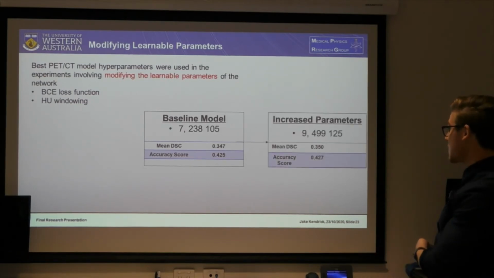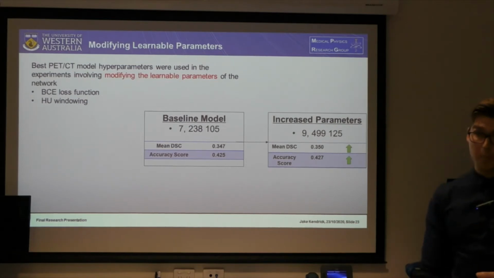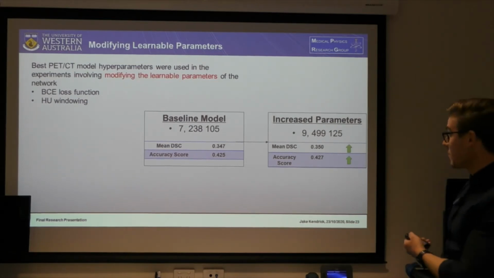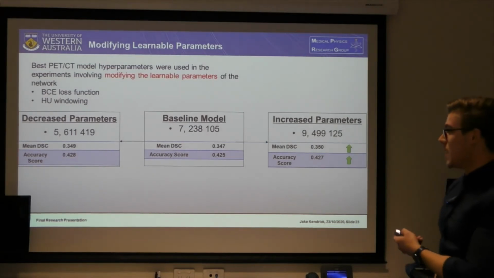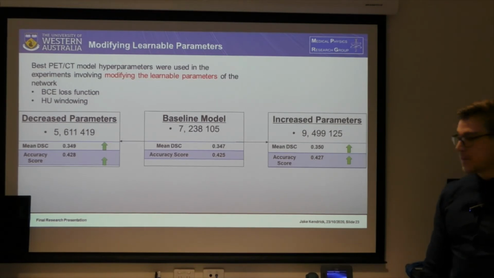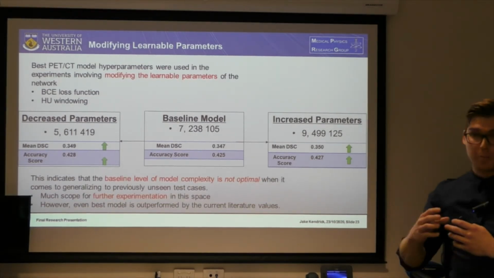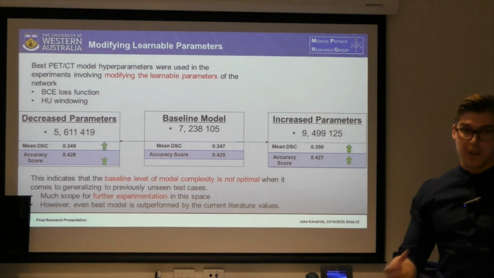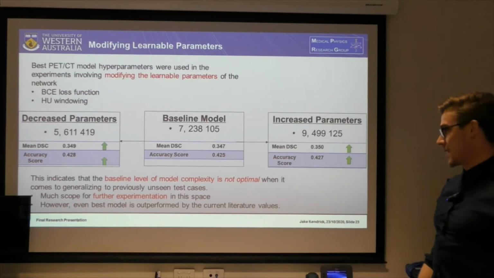If we increase the learnable parameters, what we observe is that the DICE score and the accuracy score both increase. Similarly, if we decrease the number of parameters in the network, what we observe is that both the DICE score and the accuracy score increase as well. So this tells us that the baseline level of model complexity is not optimal when it comes to generating a segmentation of previously unseen test cases.